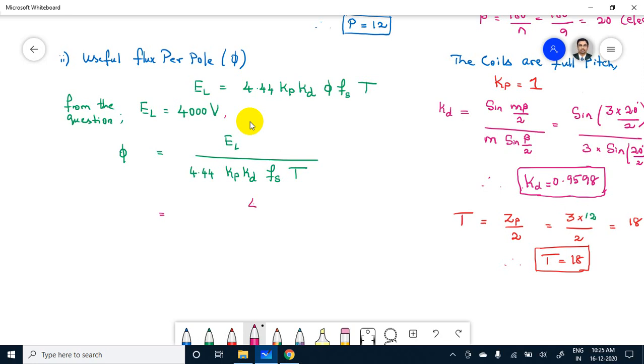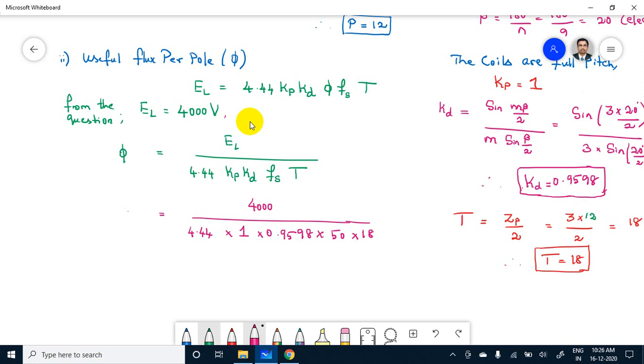EL value it is 4000, whole divided by 4.44 into kp value 1, kd value 0.9598, into frequency 50, T value 18.